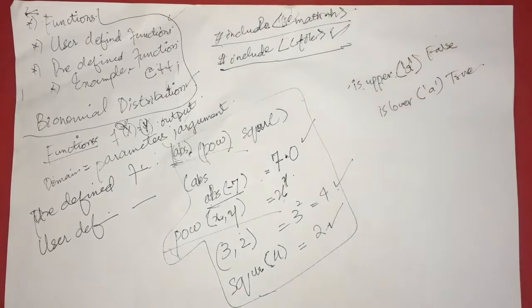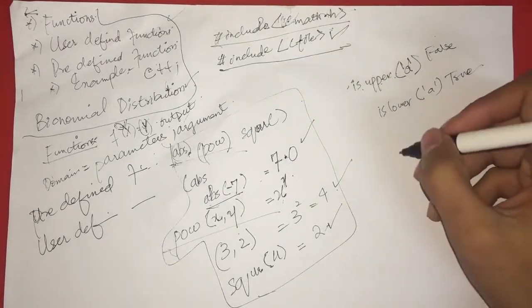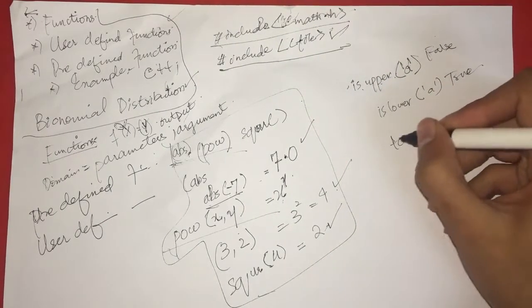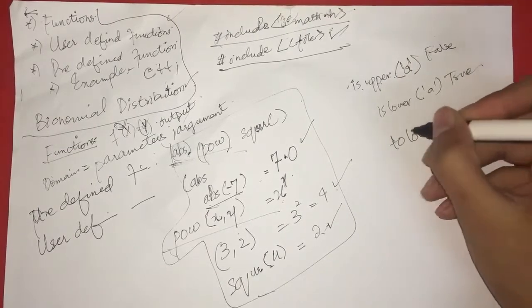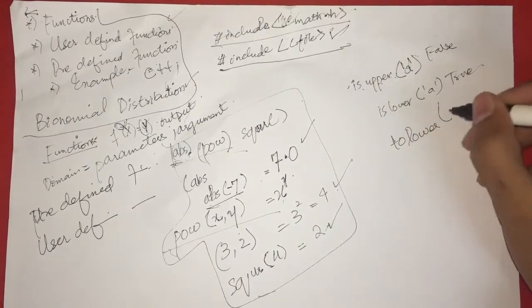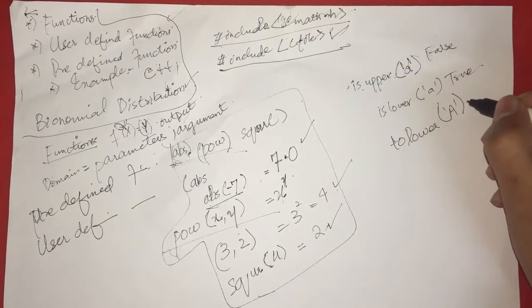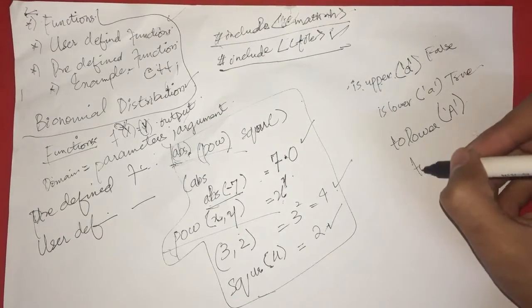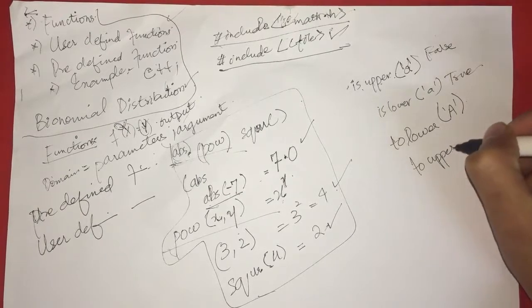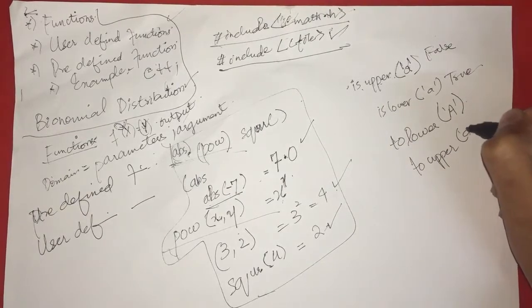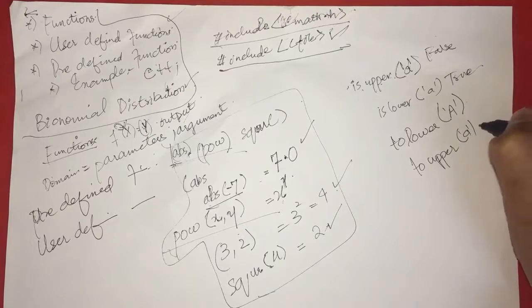You have to lower, which converts the character you have entered into a lowercase character, and to upper, which does the opposite. It converts the lowercase letter into an uppercase letter.